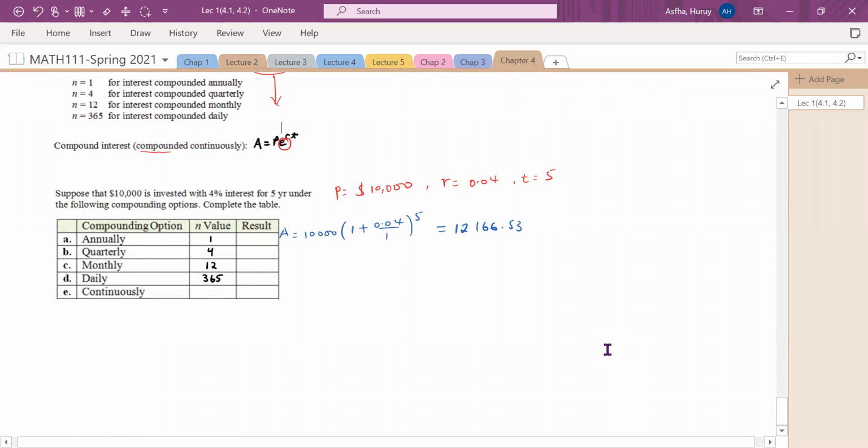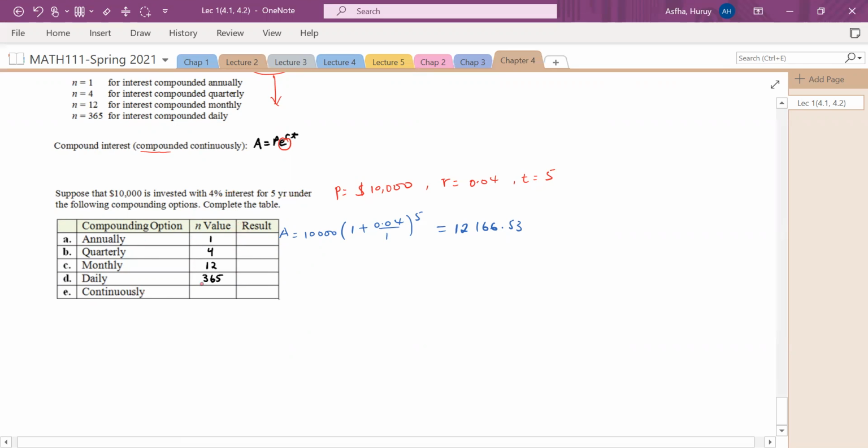Now let's look at this example. Suppose that 10,000 is invested with 4% interest for 5 years under the following compounding options. Complete the table. So here the principal P is 10,000 and the interest rate is 4%. Changed to decimal, it becomes 0.04, and the time should be in years, so it's 5 years.